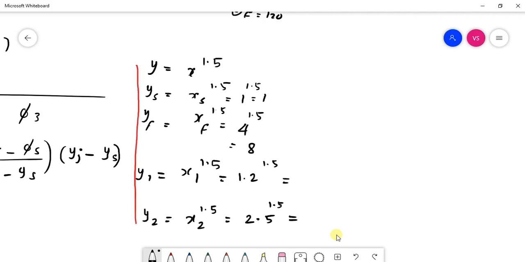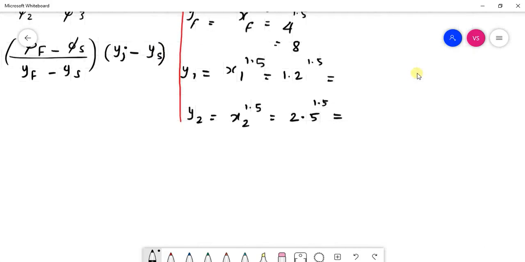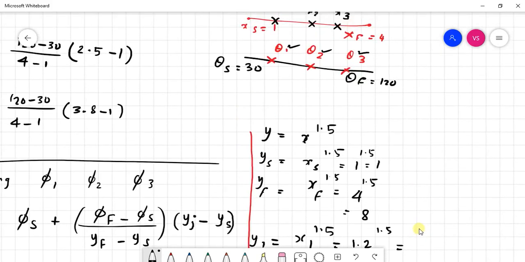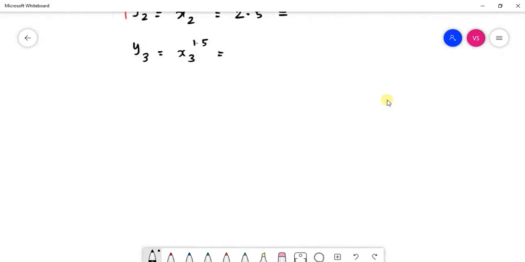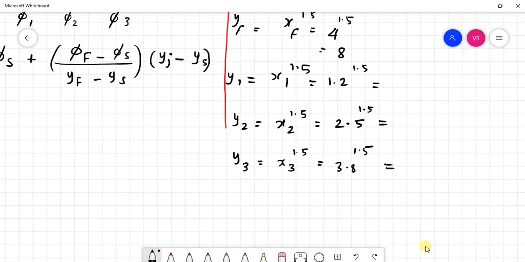We'll have a number here. And then y3 will be x3 power 1.5, and x3 was 3.8. So 3.8 power 1.5. So we'll have a number. So now we have got this y1, y2, y3.